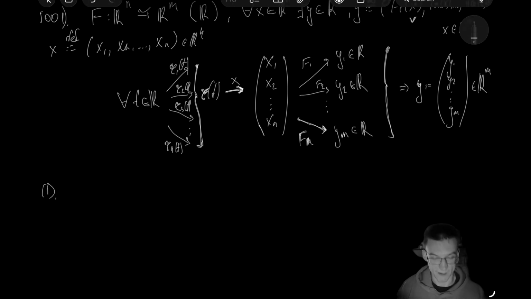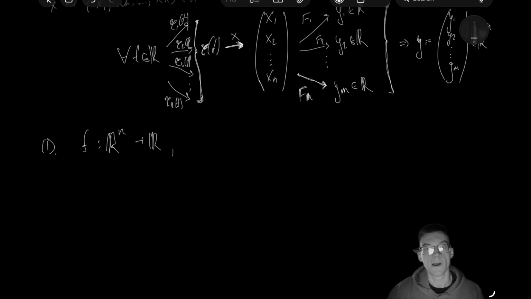We know that for a simple multivariable scalar function, let's suppose the function is defined as R^n into the scalar field, we know that we can apply the following thing. We know this is called Fréchet's differentiability, right?